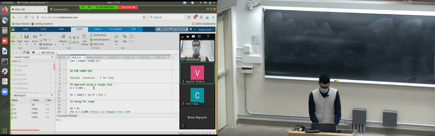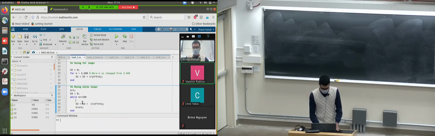The first approach is you start from n equals 1 to 100, and then perform a sum operation by creating this series completely. So you have a vector of 100 cross 1, and then you sum all the values. All right? Now, the second approach is by using a for loop.